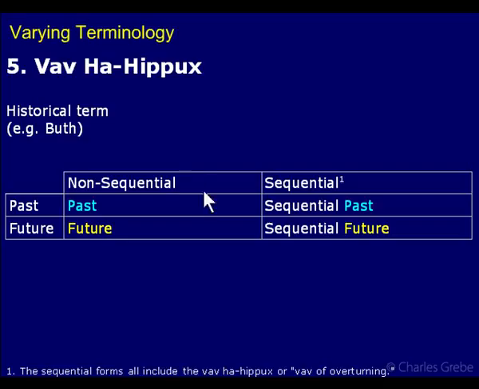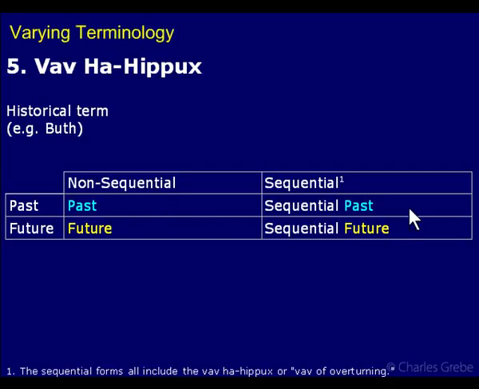Now, Booth, when he starts at the beginning of his introduction to this, simply calls the perfect and the imperfect past and future, just as a first way to think about it. And then he refers to the sequence tenses as sequential past and sequential future. So you notice that in these terms he's hiding the fact that this form is related to this, and this form is related to this.